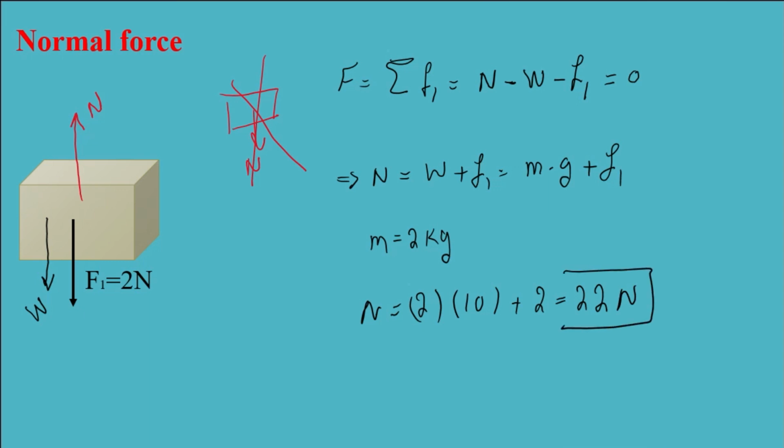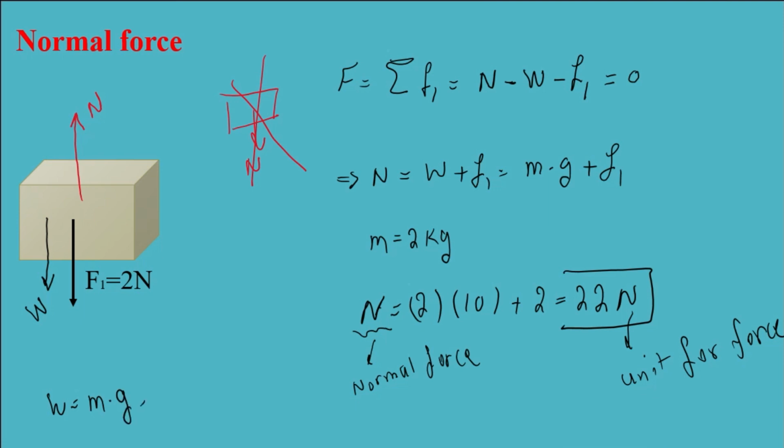By the way, this is the symbol of normal force. That's the symbol of normal force. That's the unit for force. And here you can see the normal force increased compared to the weight, because if I calculate the weight here, it's going to be mg, right?